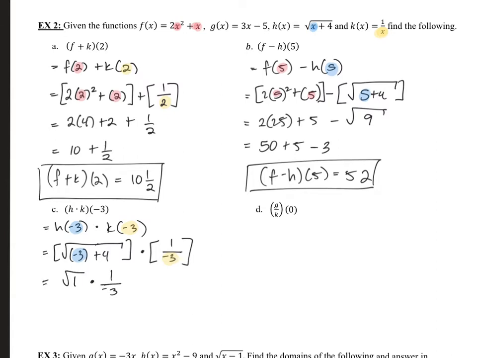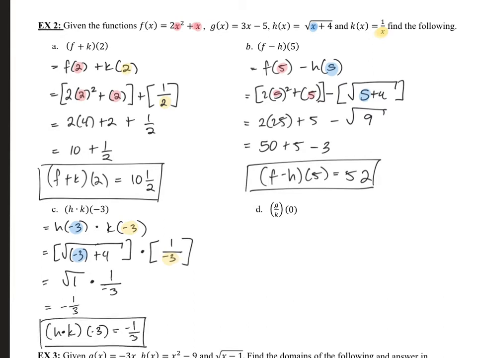The square root of 1 is just 1, so 1 times 1 over negative 3 is just 1 over negative 3. So we get negative 1 over 3, and then h times k of negative 3 equals negative 1 over 3.